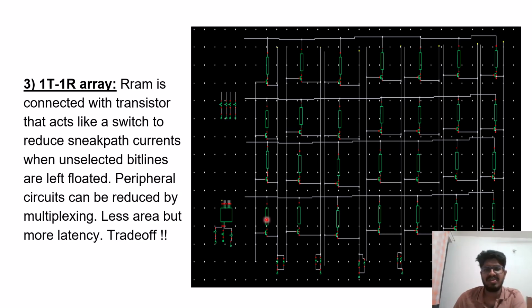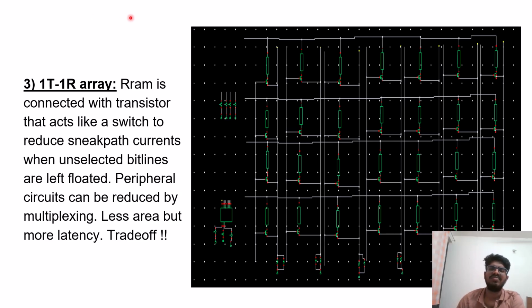This can lead to the bit flip problem. It will potentially corrupt the data. So, to reduce the impact of sneak path currents, a selector device can be used. Here, the transistor is used as a selector device. It can be made to work as a switch.